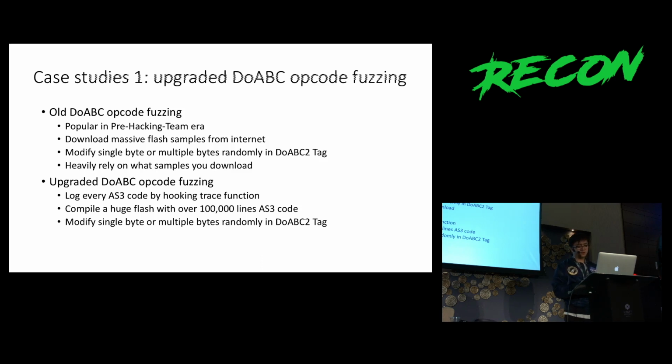Our upgraded DoABC opcode fuzzing uses samples we generate ourselves. We log every AS3 code by hooking the trace function, and we compile Flash samples from these AS3 codes.